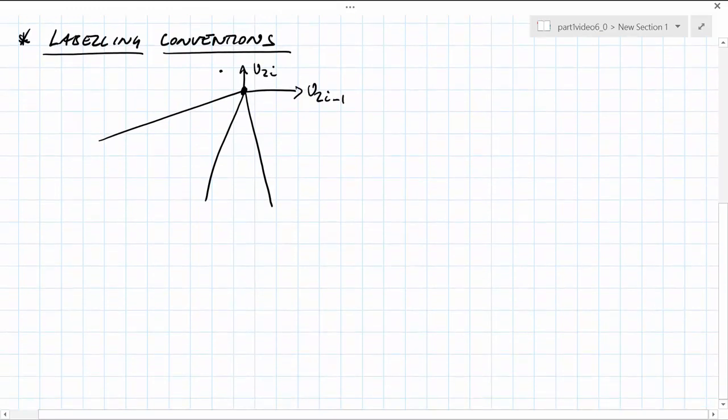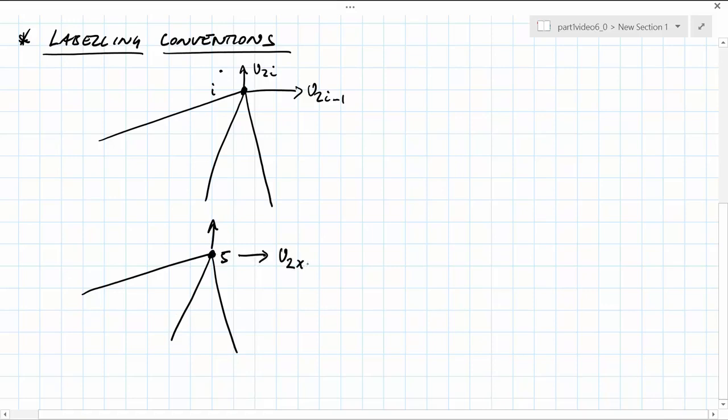To see how this works, let's just say that node I is in fact equal to 5, then our degrees of freedom are u2 times 5 minus 1, which is equal to u9, and u2 times 5, which is equal to u10.